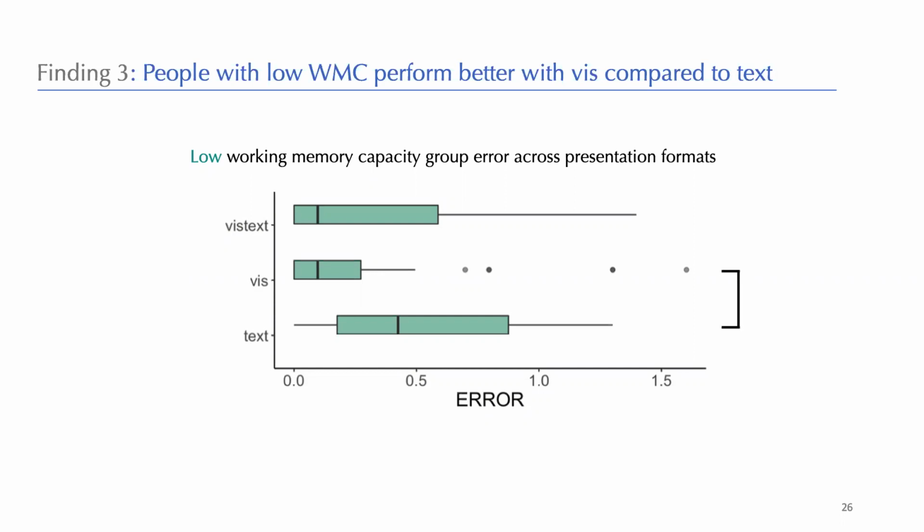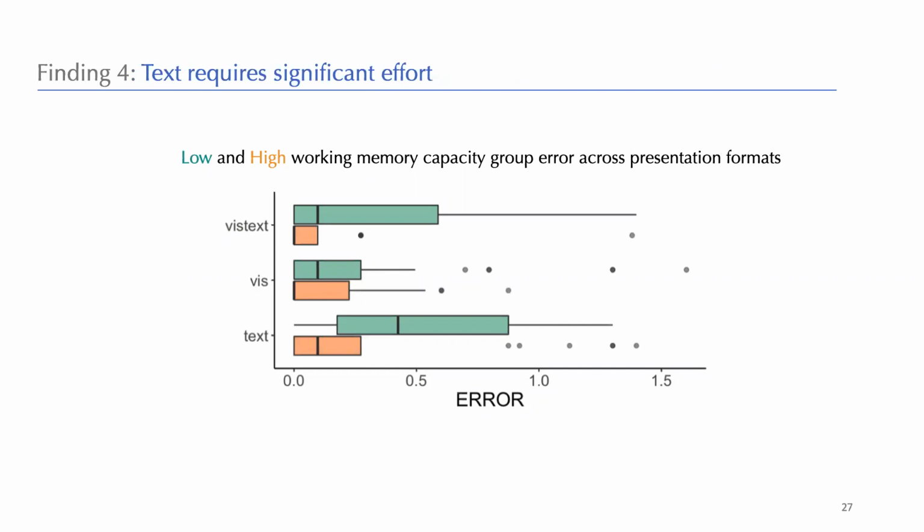This is evidence that text elicited a higher cognitive load than visualization alone. This finding is reinforced when comparing performance across working memory groups when using text. Participants with higher working memory made significantly less errors than participants with low working memory.